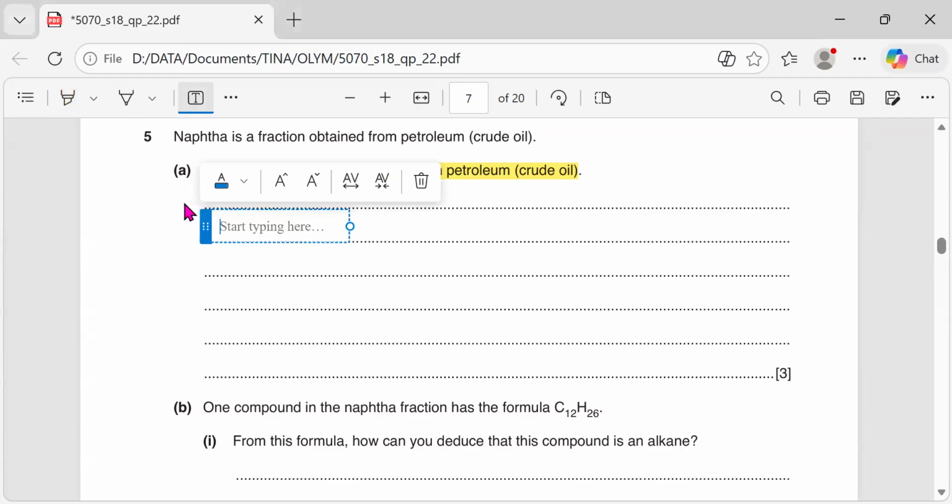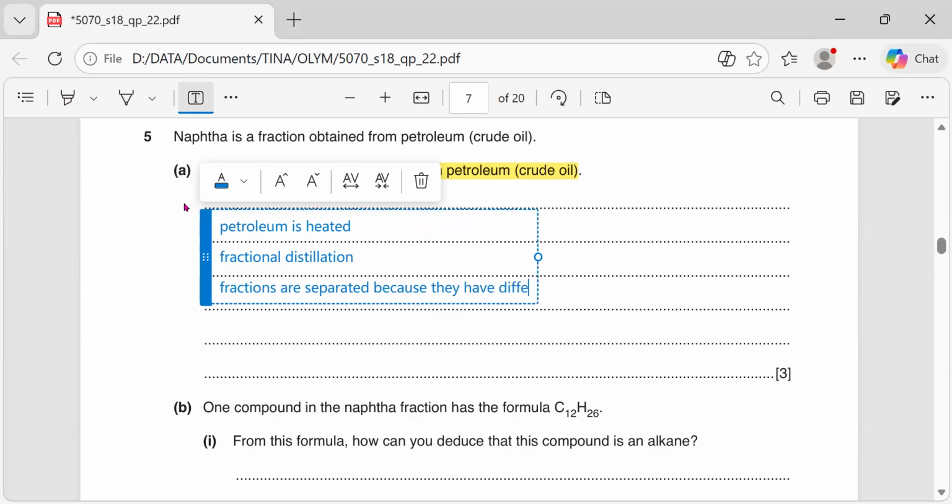Okay, so petroleum is heated. So fractional distillation. So fractions are separated because they have different boiling points.